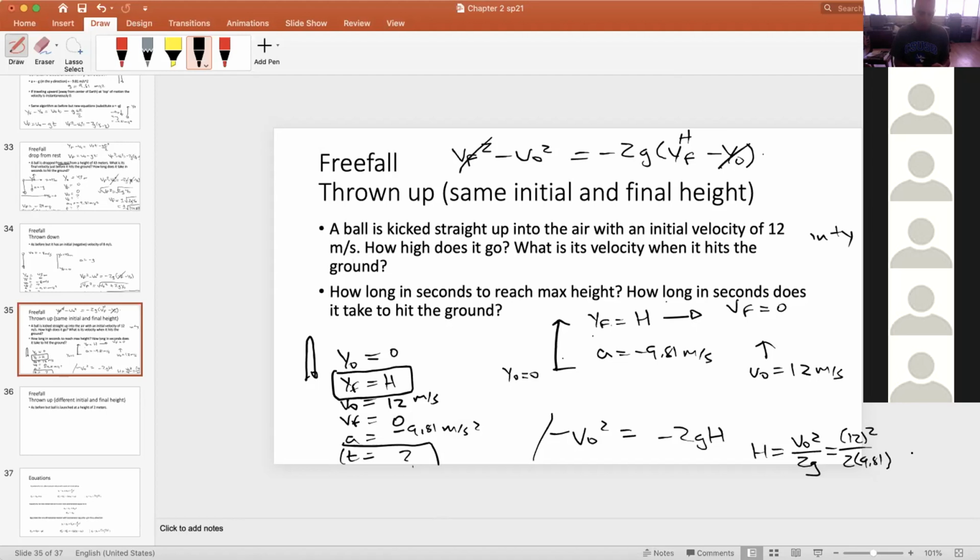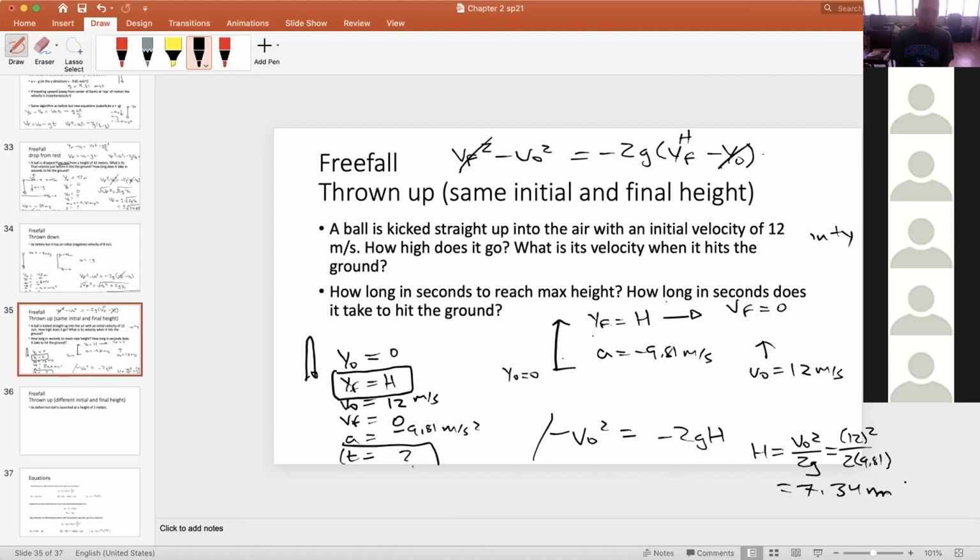So the maximum height it would go is 12 times 12 divided by 2 times 9.81, which is 7.34 meters, which is about 22 feet up, which is pretty high, I guess. Not great, not really that high.